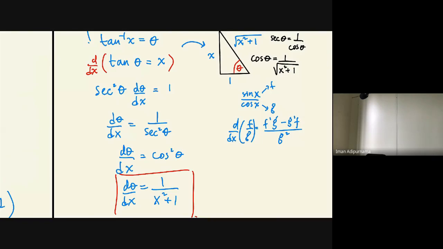Before, I also tried to memorize in my undergraduate, but it was not working, so I decided to just use this triangle. Secant is 1 over cos.